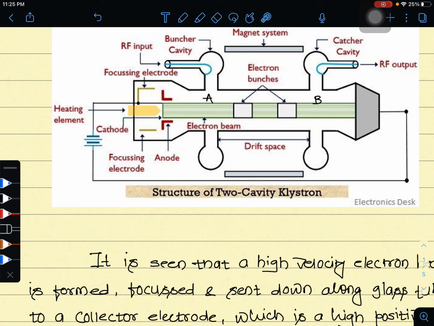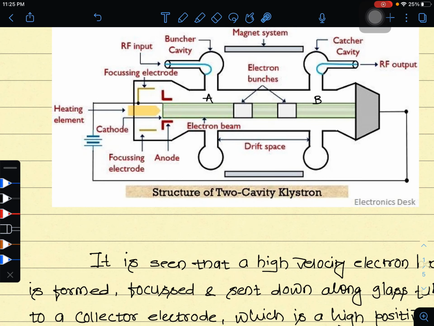The bunches of electrons passing through that space take some time, and in that case, these bunches are collected at the high voltage.